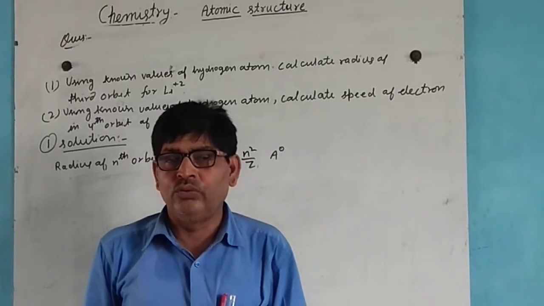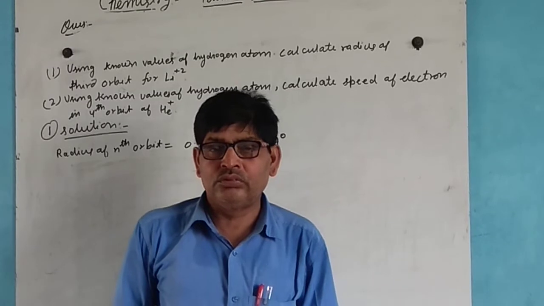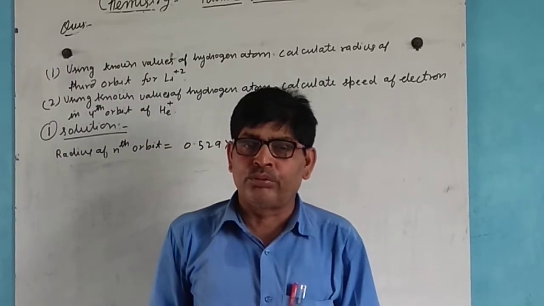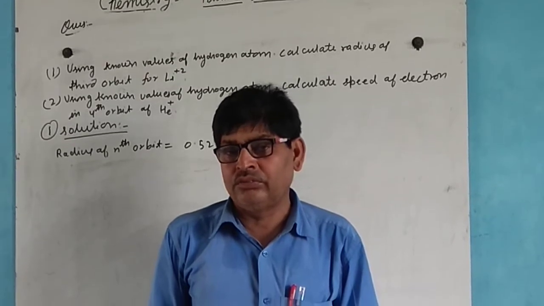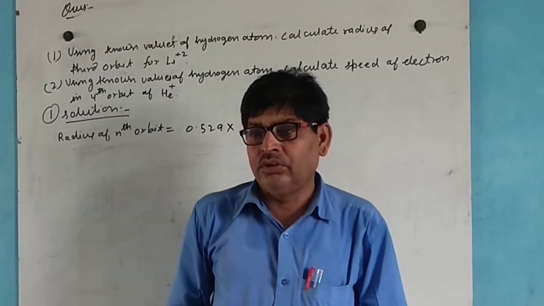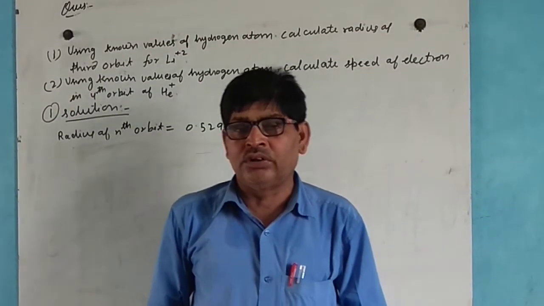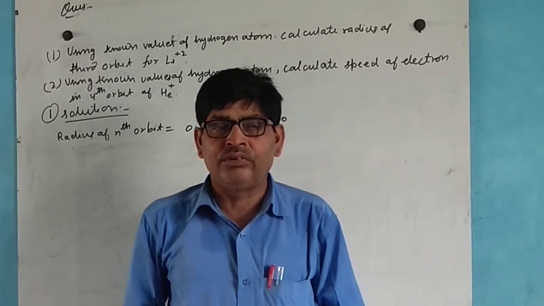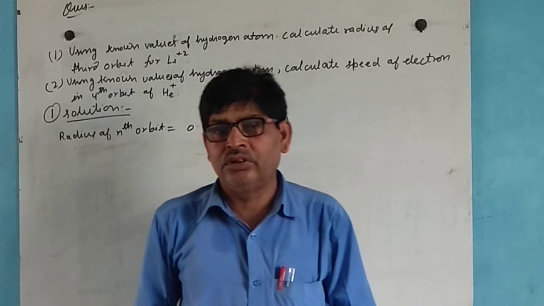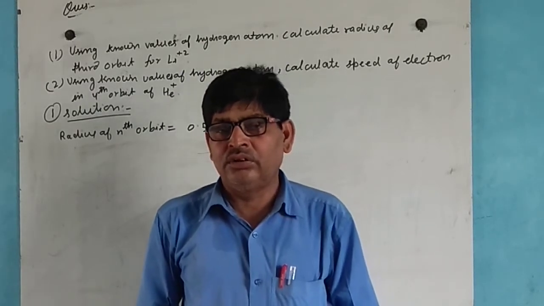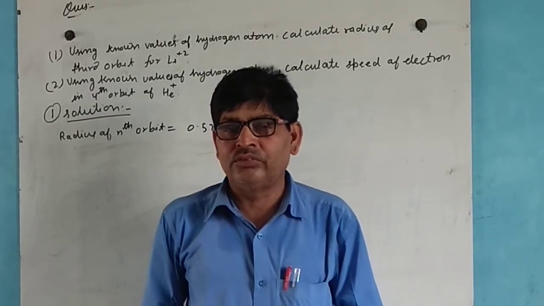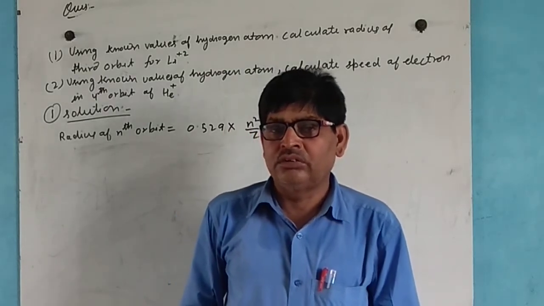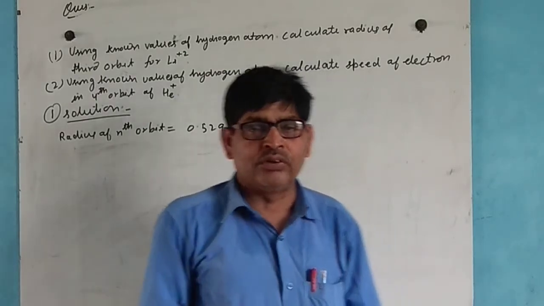Today we are going to discuss the sum problem. First of all, we calculate the radius of orbits and velocity of the electron that revolves around the nucleus.